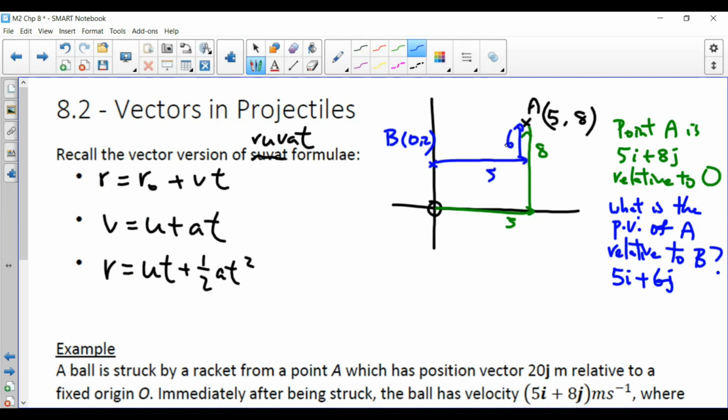Now, this is what we call position relativity. When you describe a position, it must be relative to a point, because without a point, you can't describe things. It's like I tell you, in a classroom, I'm standing 5 meters. You will be questioning 5 meters of what? 5 meters away from, let's say, the teacher's desk.